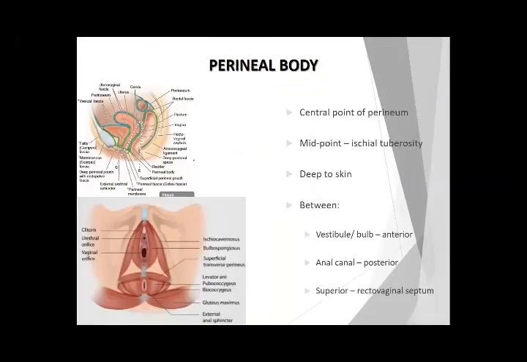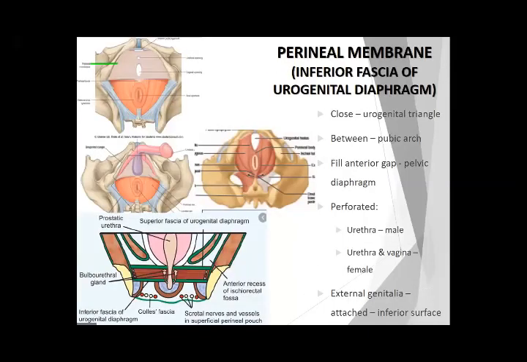In females, the perineal membrane is perforated by two openings. Anteriorly urethra, posteriorly vagina. So in females, there are two openings that perforate the perineal membrane. This is the entire perineal membrane that you see.